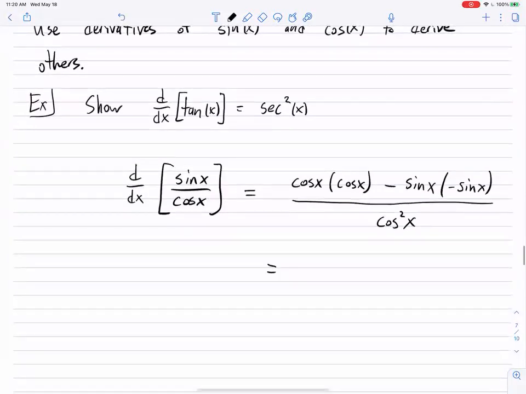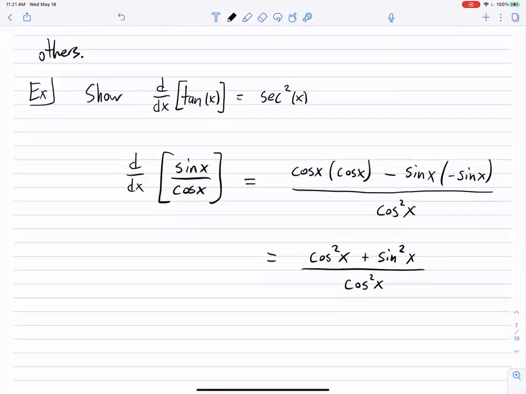And so what does that equal? That becomes cosine squared x plus sine squared x over cosine squared x. But we know that cosine squared x plus sine squared x equals 1 by Pythagorean identity.